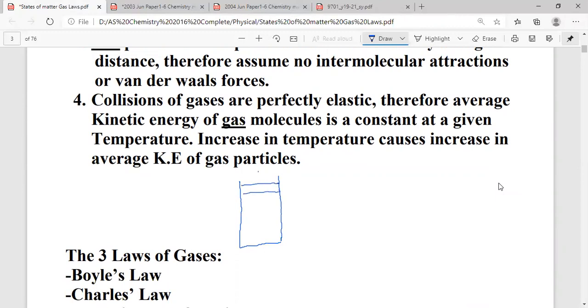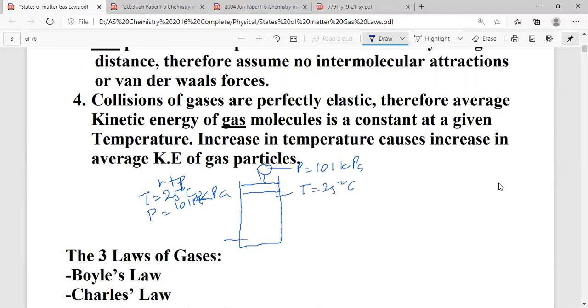Let's say I put RTP, okay? Temperature equals 25, pressure equals 101 kilopascals. To put this correctly: pressure is equal to 101 kilopascals and temperature is equal to 25 degrees centigrade.